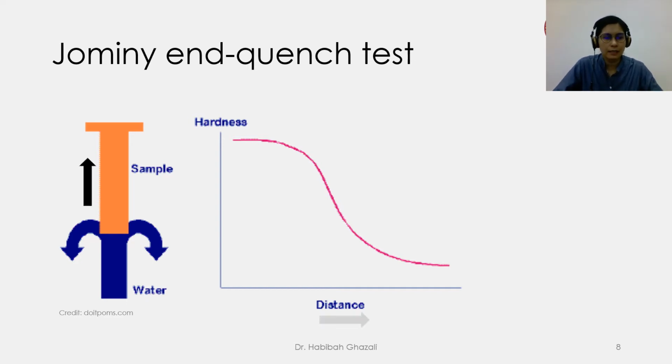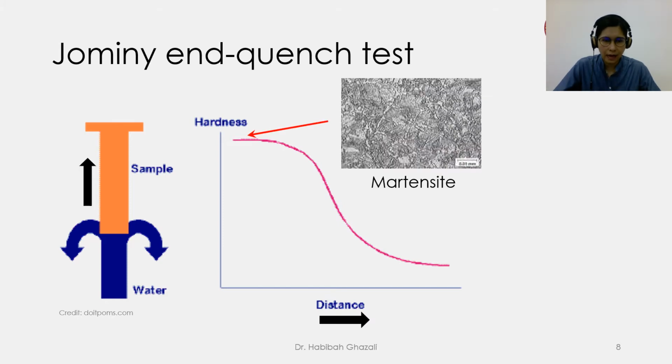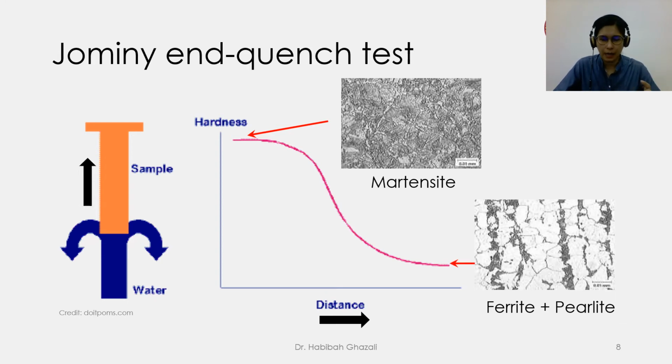The distance was taken from distance 0, which is the end where the water quenches the sample, towards the other end of the sample. As you can see here, the hardness is at its highest where the water quenched the specimen, and towards the end of the bar the material becomes softer.